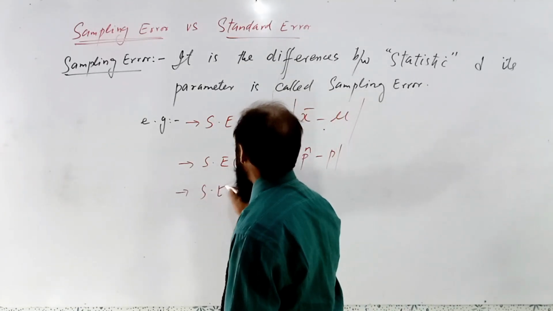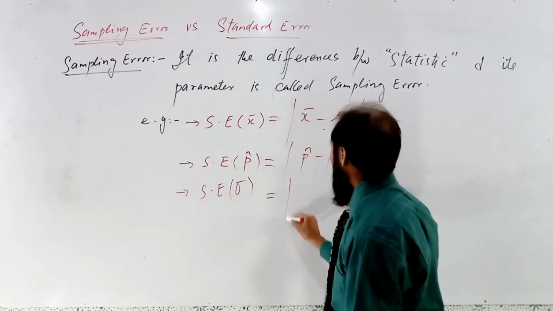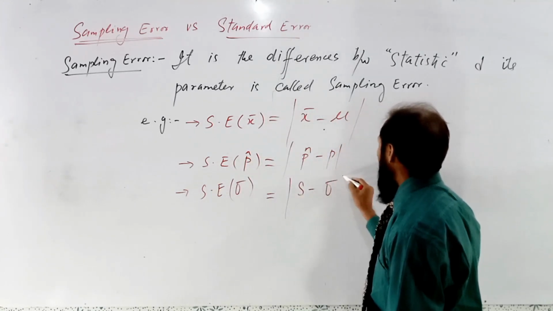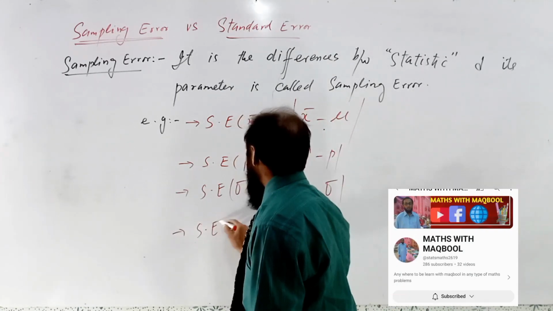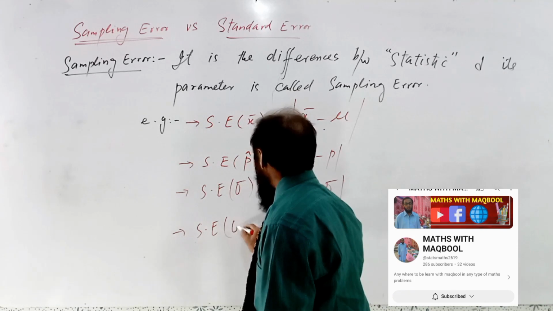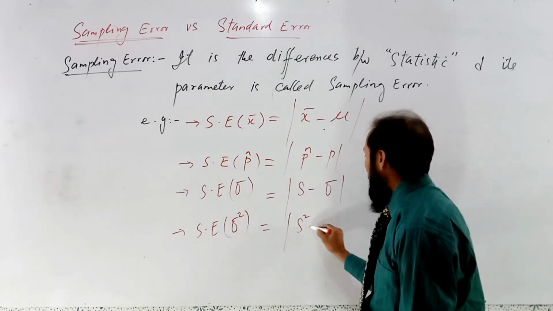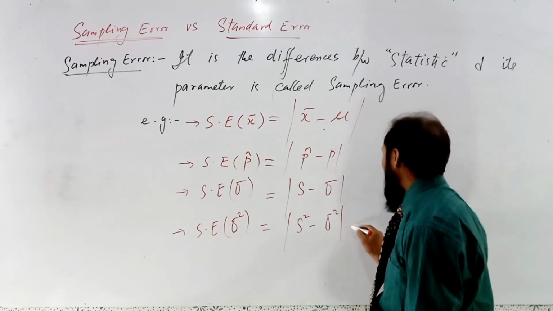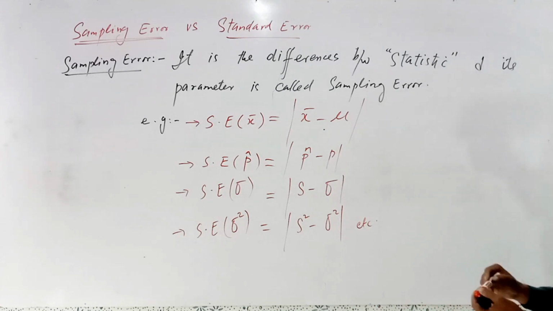The sampling error of standard deviation, we write s minus sigma. The sampling error of variance, we write s square minus sigma square, etc. These are the sampling errors.